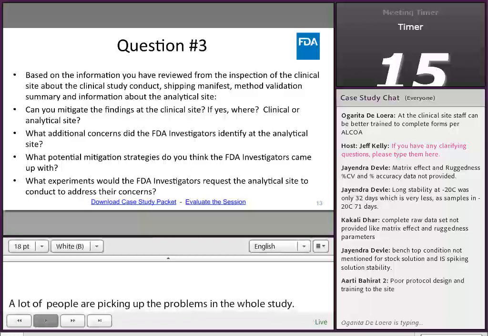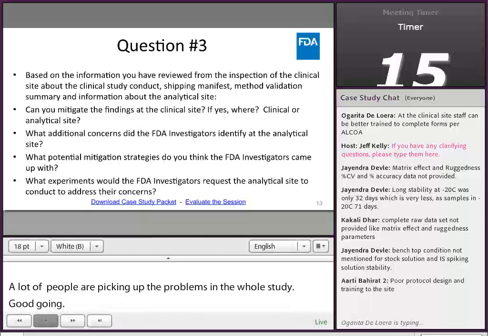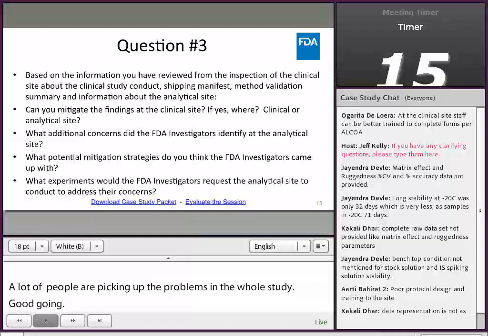Here's one where, usually the whole point of validation and everything we've talked about today is setting up all of the different permutations that could possibly happen during a study. So now the question is, now that the study's over, we've already collected the samples, what's possible?